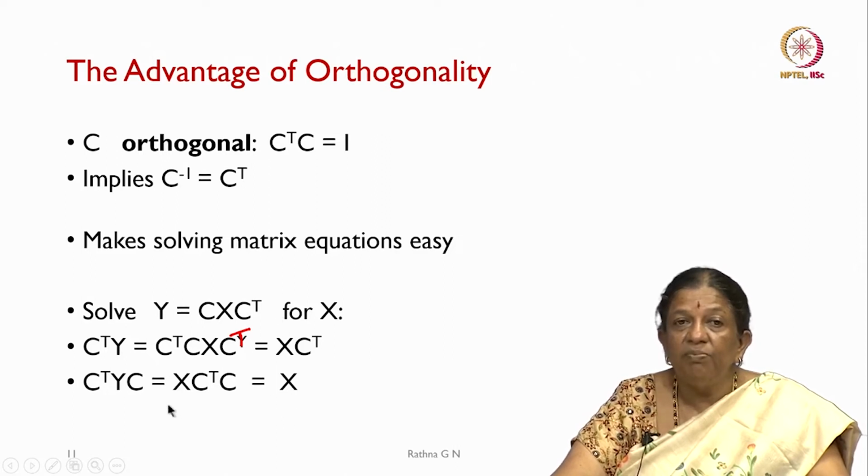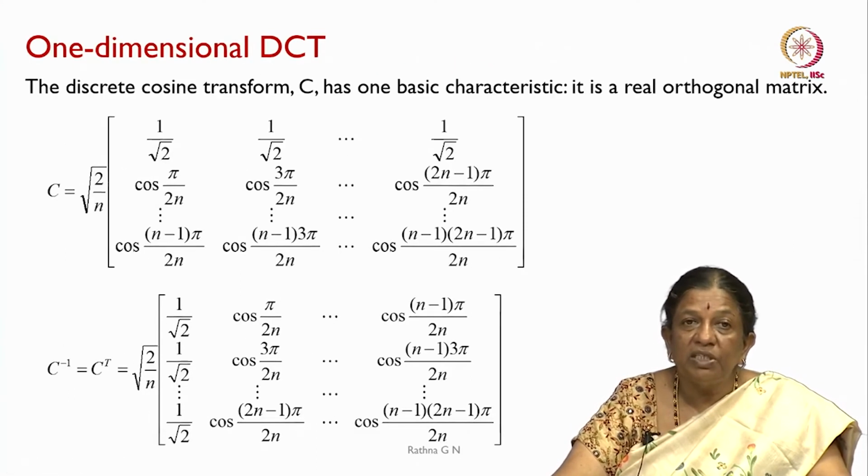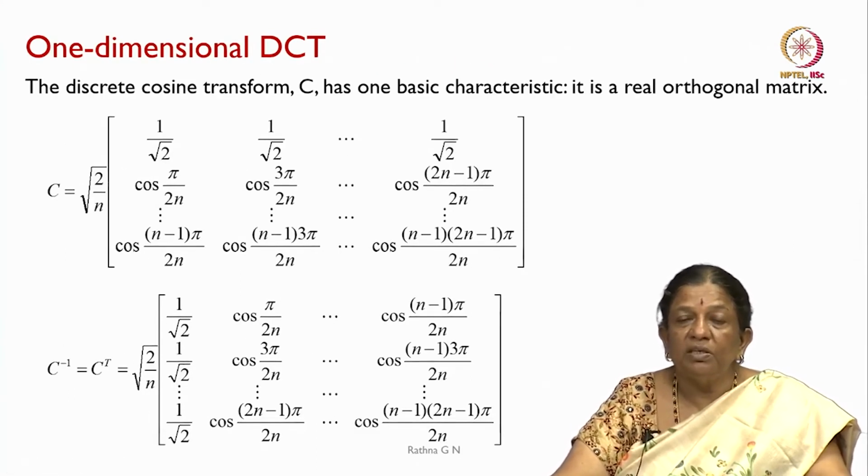So, x will be C transpose y into C, whereas the original y is nothing but C x into C transpose. It thus helps in computation, that is both synthesis and analysis equations become easy for us to compute.